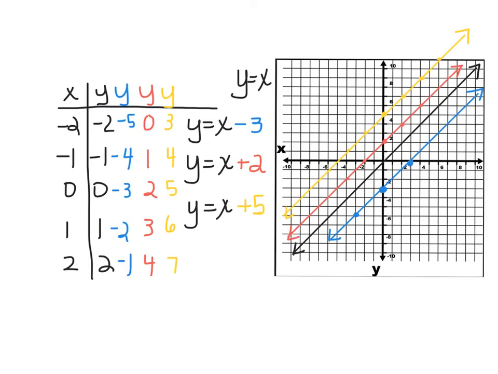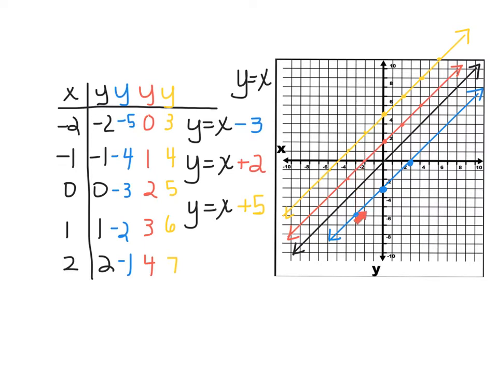If you look at these graphs, so remember, I'm looking at the blue graph separately than the red and the yellow. So in the blue graph, I just went to the beginning point of -3, and I still have a slope of 1, so I just did my slope up and over, up and over, up and over, up and over, up and over, 1, 1. Here's my new one. If I fill in the table, at -2, I have -5.